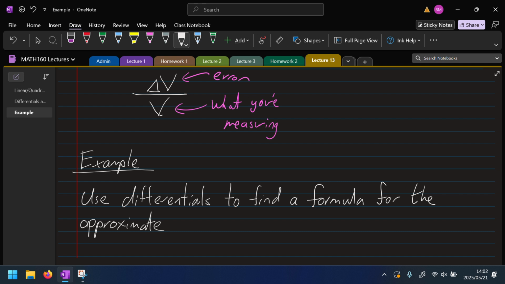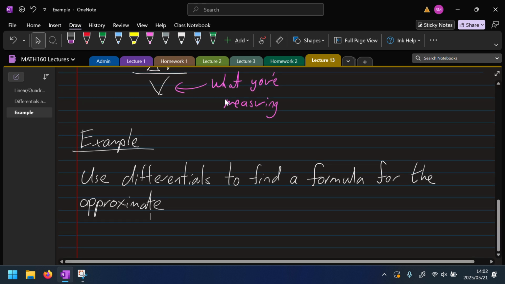So as soon as you see this keyword here, you know it's this error section. Approximate volume, approximate speed, whatever the thing might be, we know it's this differential approximations.